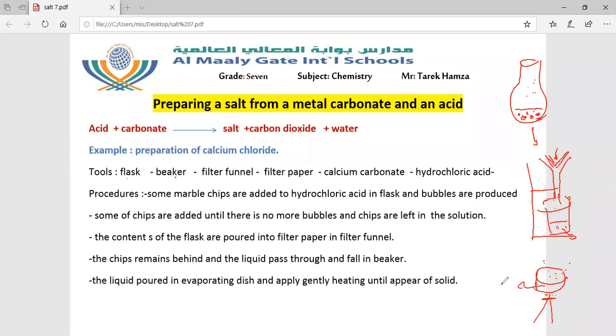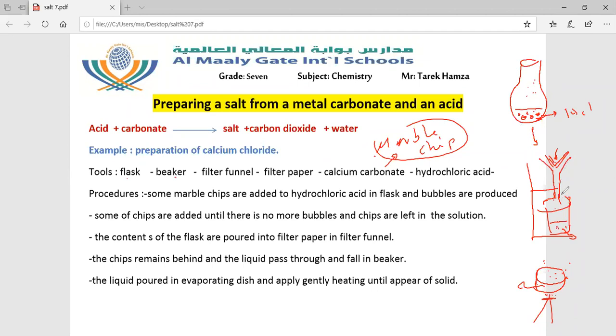Again, how to prepare a salt from metal carbonate and acid. Calcium carbonate in the form of marble chips is a solid particle of calcium carbonate. Put it with hydrochloric acid in the flask. Then gas bubbles are produced. We take the content of the flask and pour it into the filter funnel.